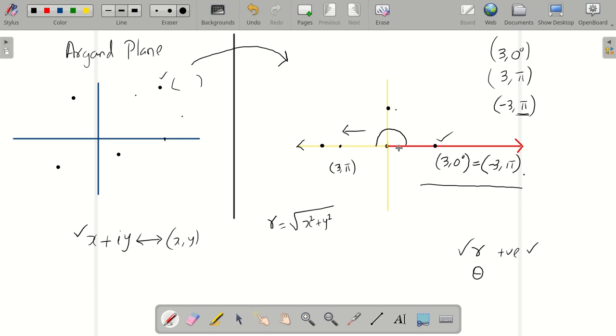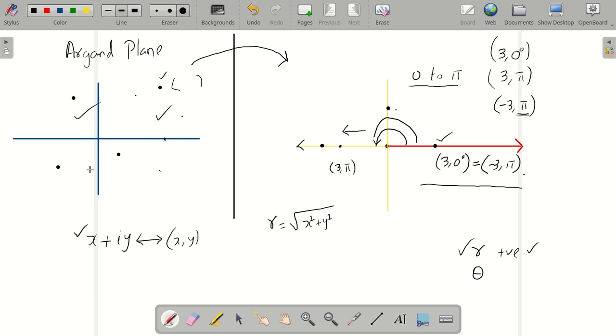And the next thing, for the complex numbers which lie in the first quadrant or the second quadrant in the Cartesian system, we make sure the angle lies between 0 and 180.